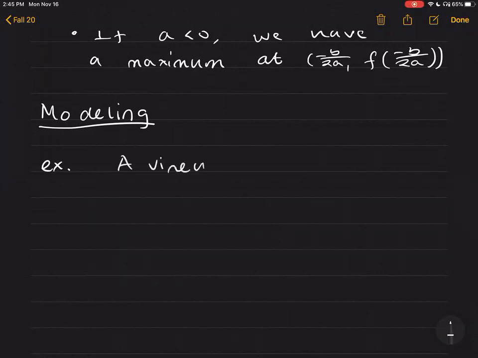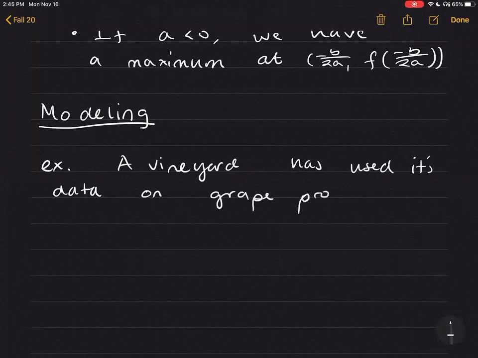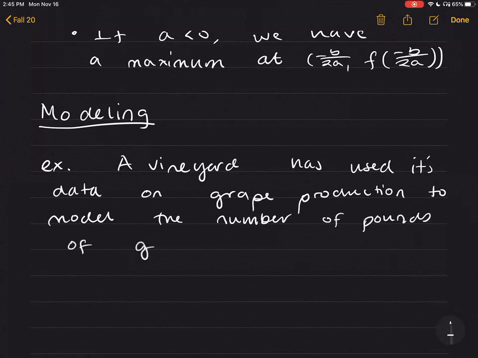A vineyard has used this data on its grape production to model the number of pounds of grapes produced, we'll call that A, from n vines.